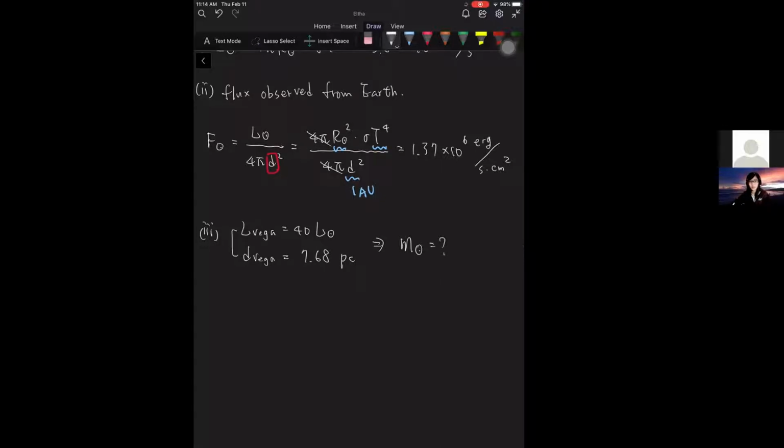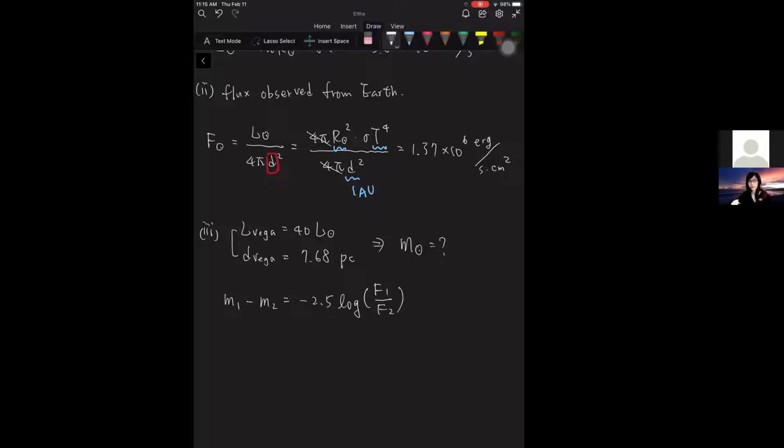Every time you see magnitudes, just think of two equations. The first one is when we compare two magnitudes, there's a relation with the flux: m1 minus m2 equals negative 2.5 log of f1 over f2.